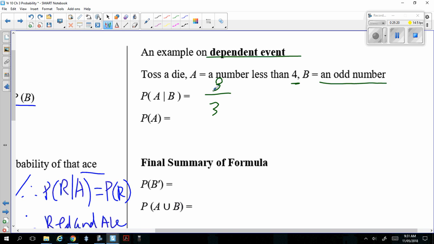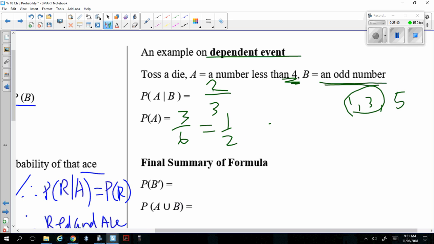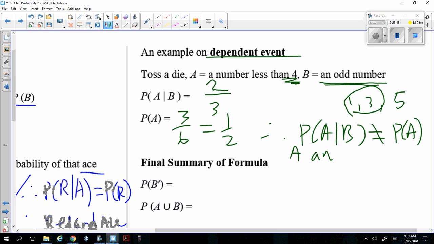So it's 2 out of 3. The probability that the number is less than 4 is 3 out of 6, which is a half. Therefore, they are not the same, so A and B are dependent, or not independent.